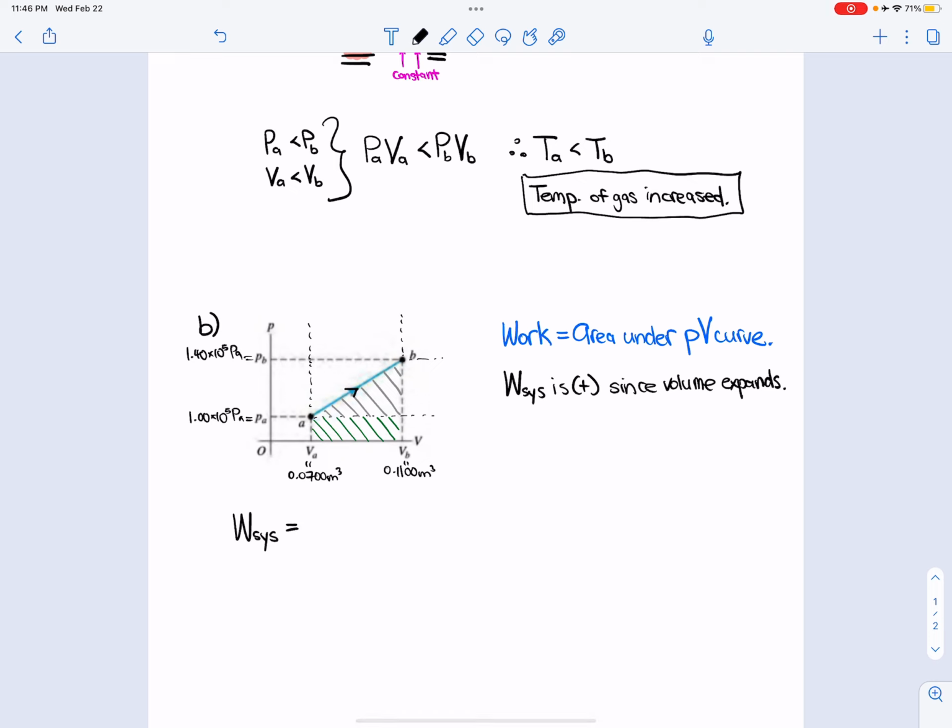One is the area of the rectangle, which is base times height, and the base is volume at state B minus volume at state A. That's this part, multiplied by this height, which is just the pressure at state A. Okay, so this is the area of the rectangle.